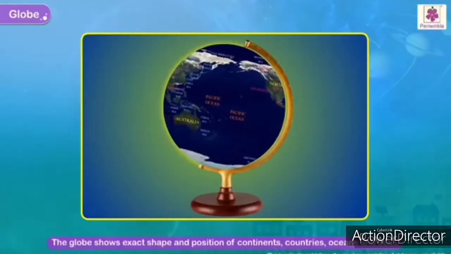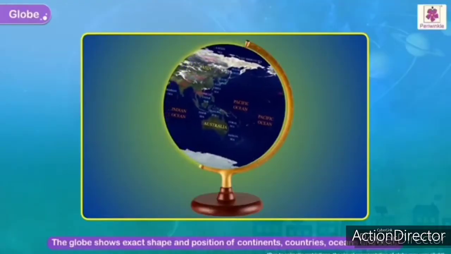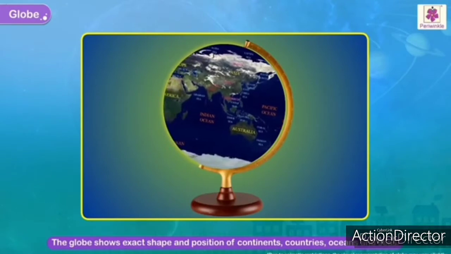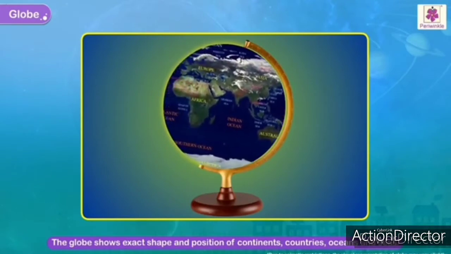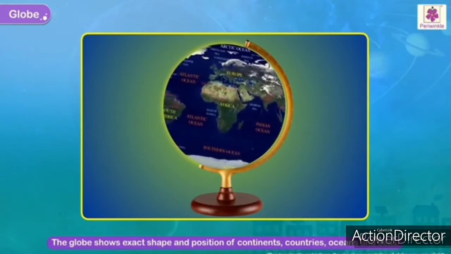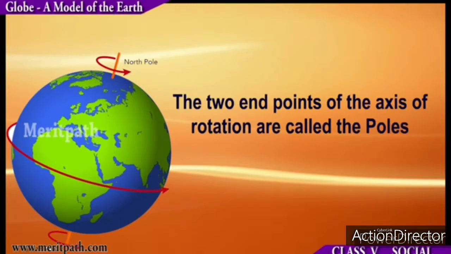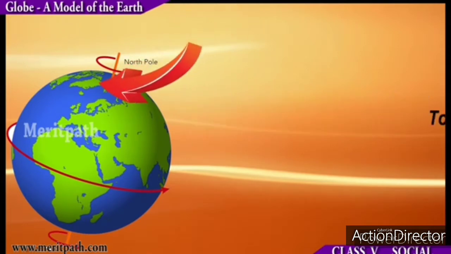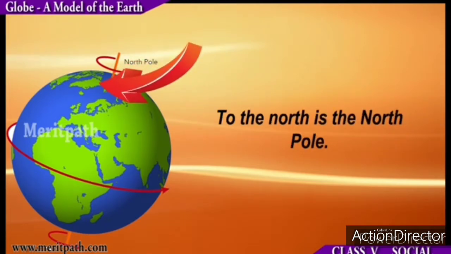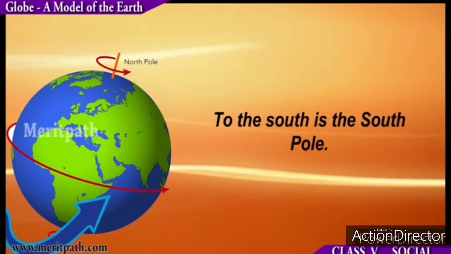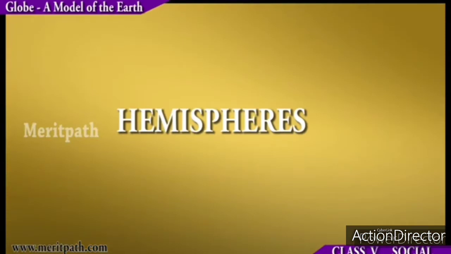The globe. A globe is a small model of the earth. The globe is an accurate representation of the earth in terms of the axial tilt and the poles. The two endpoints of the axis of rotation are called poles. To the north is the North Pole. To the south is the South Pole. The hemispheres.